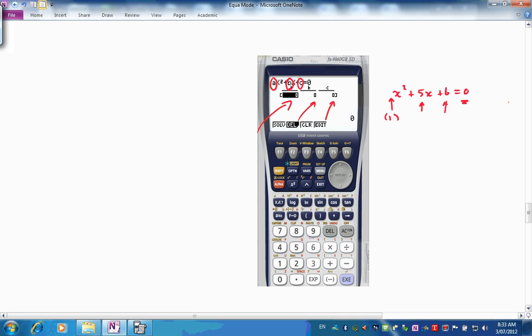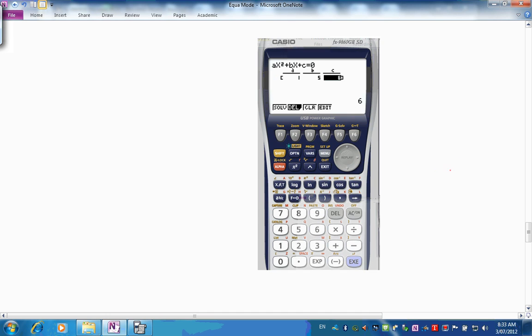So let's have a look now. So what we need to do is to enter 1 from the keypad and then execute, and then 5 and execute, and then 6 and execute. And if you hit that twice right at the end, then you'll have this window here.